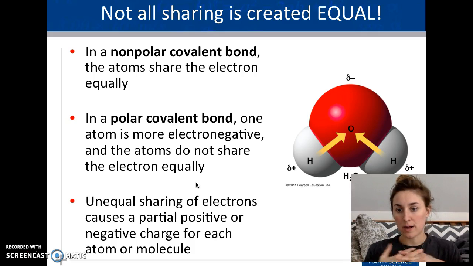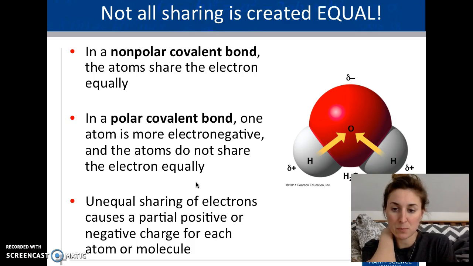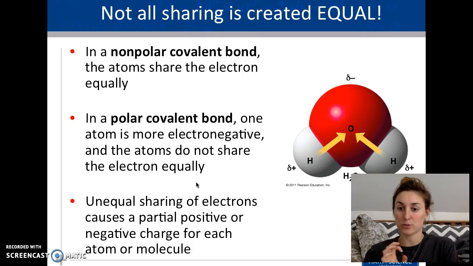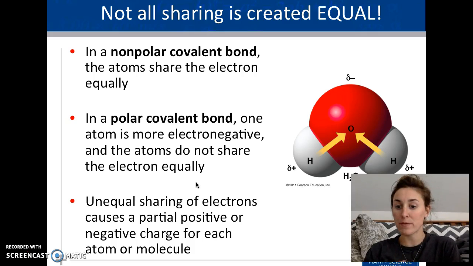In water, oxygen has a stronger pull on the electrons because oxygen has a larger nucleus, and also because it wants to fill its shell, and hydrogen only requires 2, so it's not fighting for these electrons. So it pulls the shared electrons slightly closer to the oxygen than to the hydrogen, which is why we get partial positive and partial negative charges.